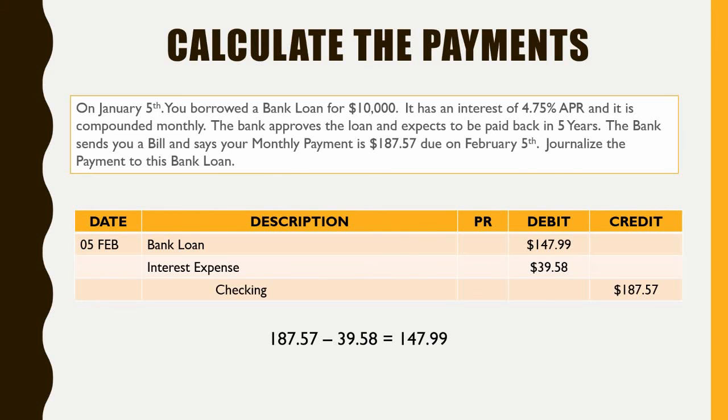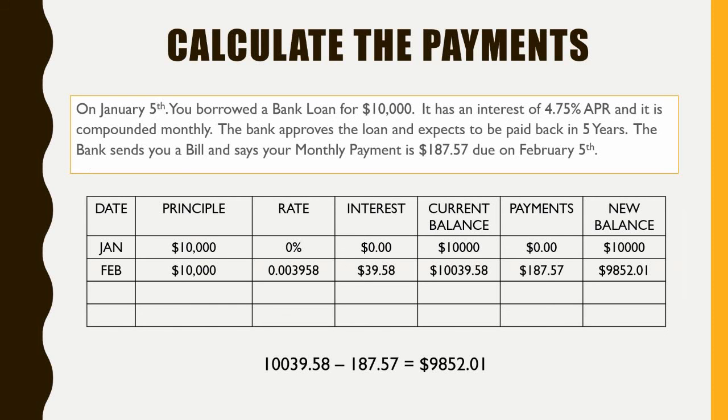Nope. Okay. So of course, when we apply our payment of $187, our new balance is going to be now $9,852.01, because I end up paying 57 cents when I owed 58.